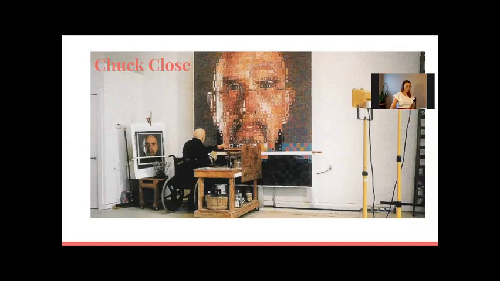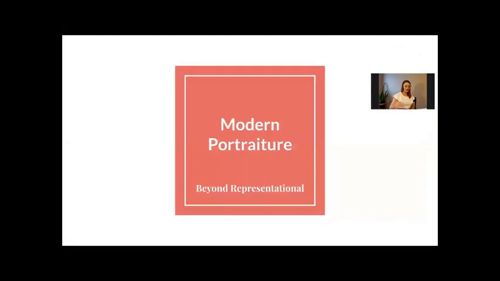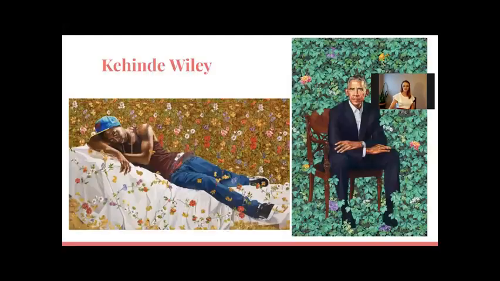So as we move into our modern portraiture and it goes beyond just representation, I want you to start to observe what are these little shifts that are happening, right? So in this first set of slides, if you're unfamiliar with Kehinde Wiley, he's a painter from New York.